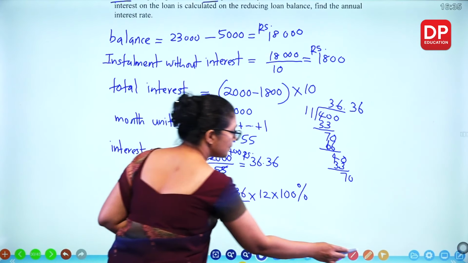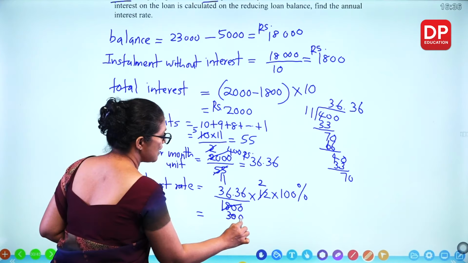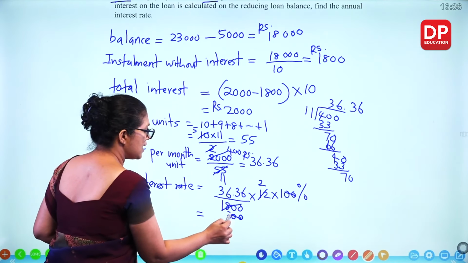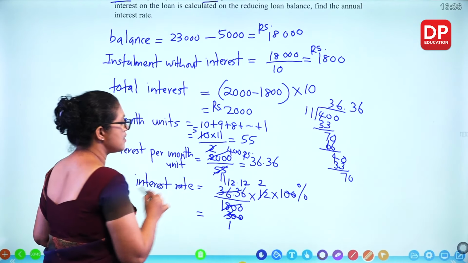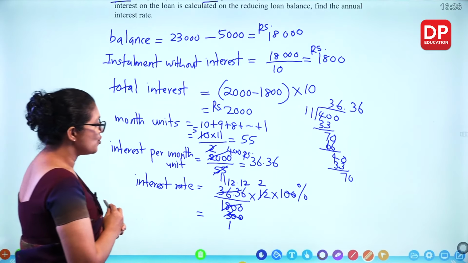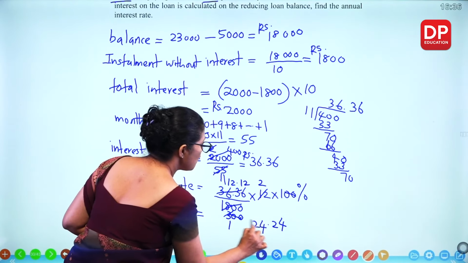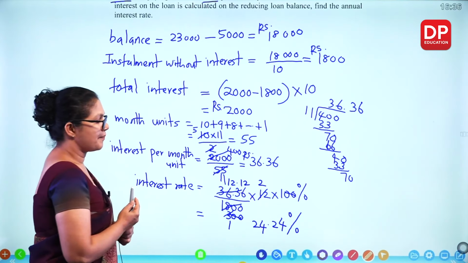Divide by 6. 6 times 2, 6 times 3. These two zeros get cancelled out. This one we can divide by 3. 12 and 12. So 12 multiplied by 2, you get 24.24%.